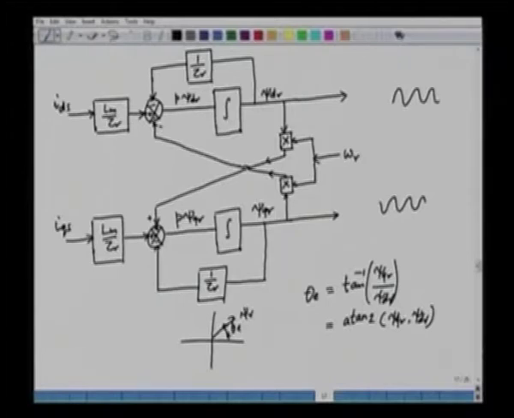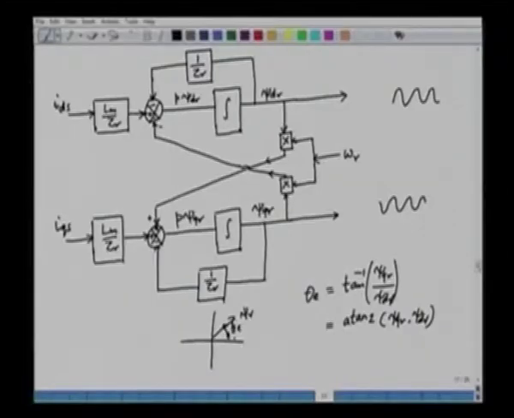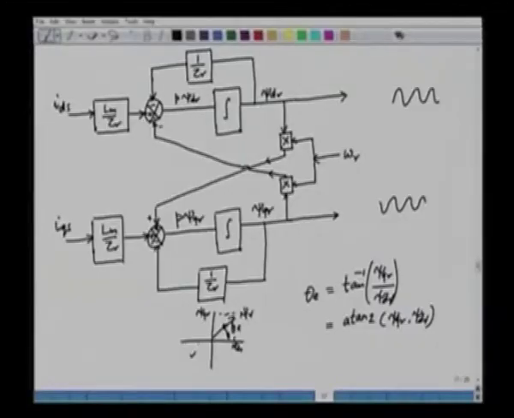This is the angle of the flux vector. The flux can be in any of the four quadrants, and the components of these fluxes like psi dr and psi qr can be positive, can be negative. So to find out the angle in any of the four quadrants, we have to take the help of atan2. If both are negative, they are in the third quadrant. If suppose psi dr is positive, but psi qr is negative, it is in the fourth quadrant, and so on. So, this is the current based estimator.